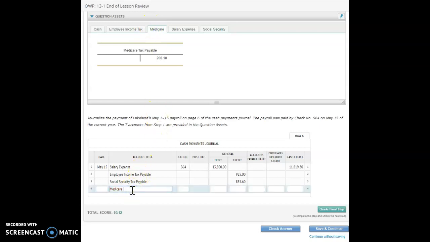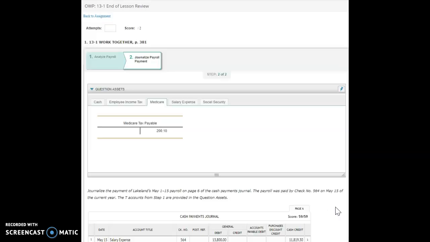So Medicare tax payable of $210. Okay, and now just to double check, I want to make sure that my credits equal my debit. So I'm going to add up those 4 credits. And I get 13,800. So that means that it should be correct.